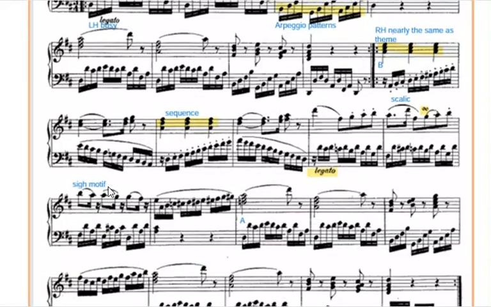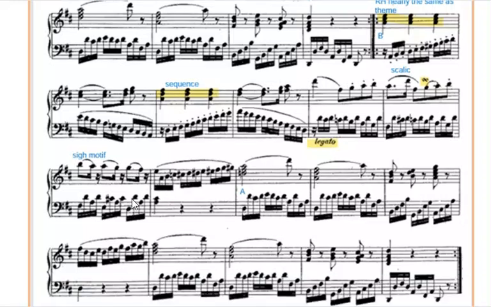So if I go on there, you will see the thirds played there. We have sequences. We have legato marked in. And then there we see the sigh motive. Da, da, da. Okay. And it's quite busy, this variation.